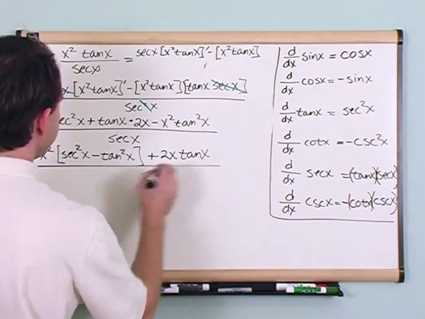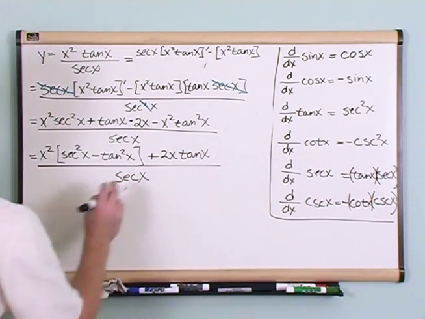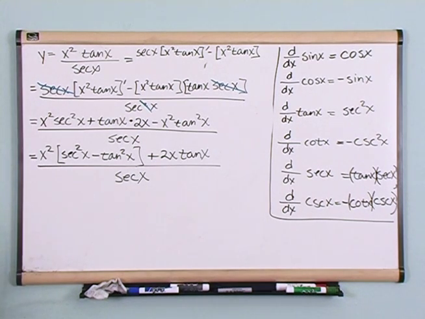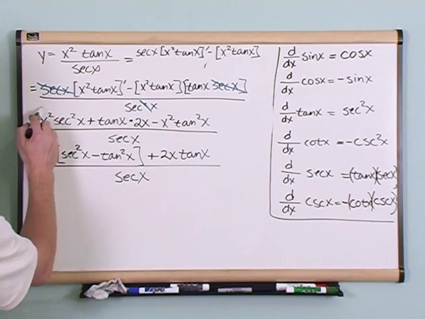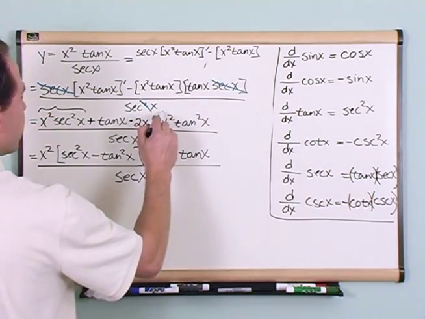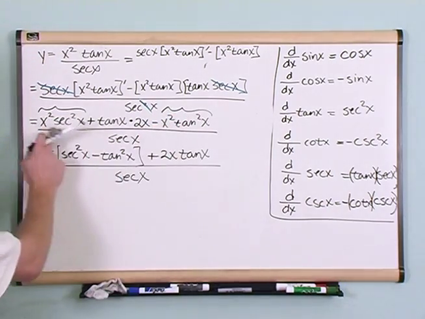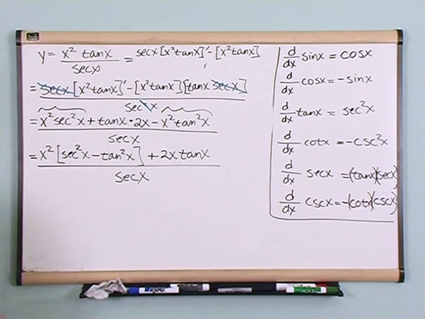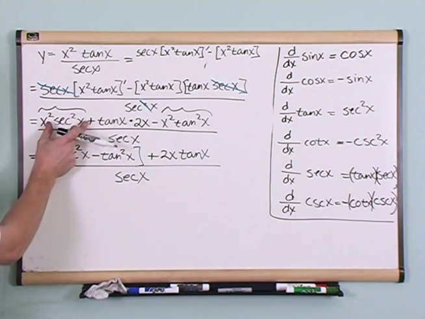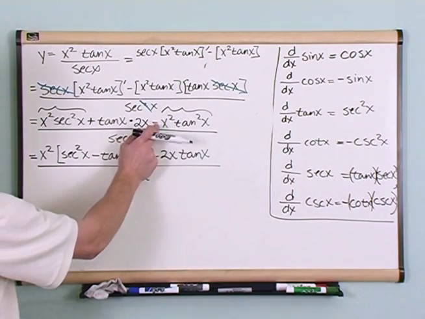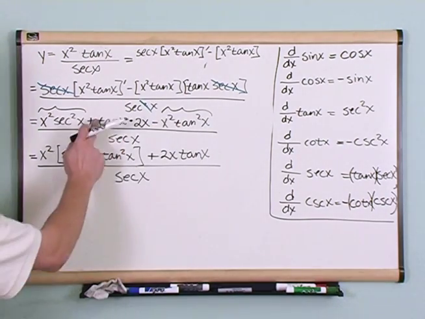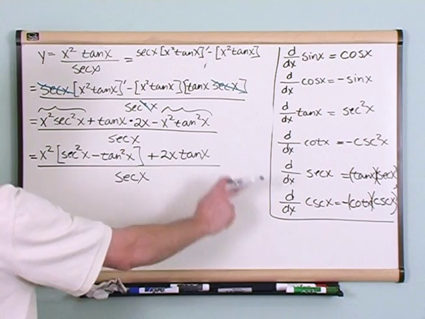And on the bottom you still have the same old secant of x. Now that's almost the answer. What I did right here is this term and this term, these two terms, both have x squared in them. So I just factored out the x squared, and what I had left over here was the secant squared, and what I had left over here was the negative tangent squared, because you've got to keep your negative there. And this term here in the middle I didn't do anything with, I just left it over there.